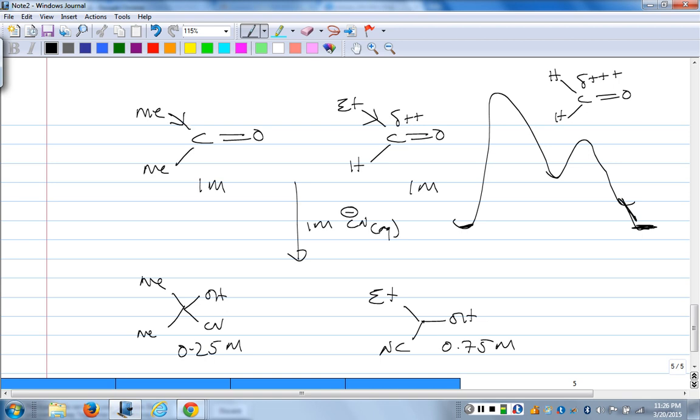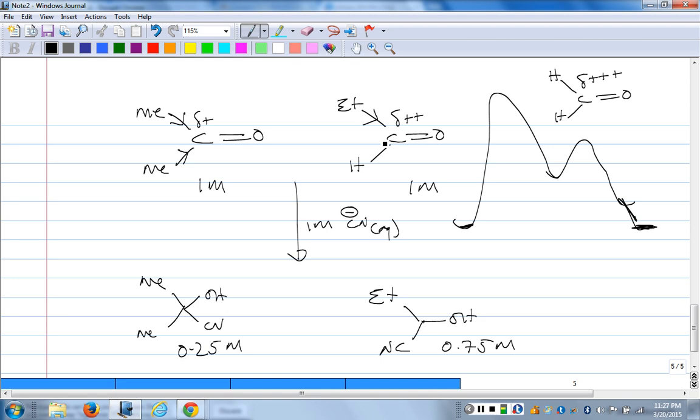But here, I have two alkyl groups. And so the dipole on this carbon is only going to be delta plus. And ethyls and methyls and propyls and so on, alkyl groups push to about the same extent. So it means the carbonyl carbon of a ketone is less electrophilic, it's less positive than the carbonyl carbon of an aldehyde. And so I'd expect aldehydes to be more reactive, more attractive to a nucleophile than a ketone.